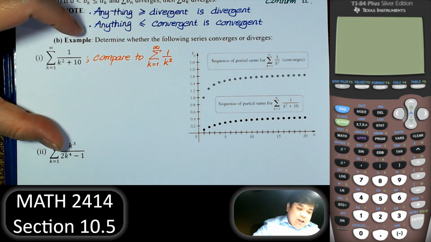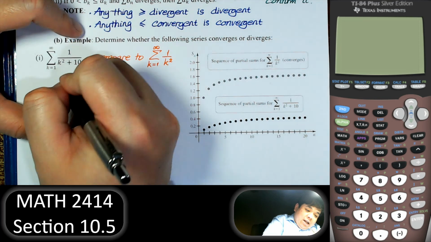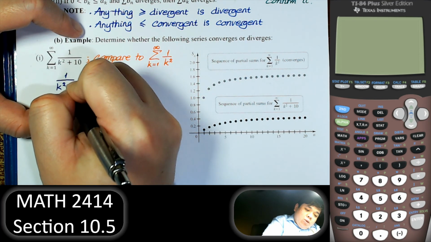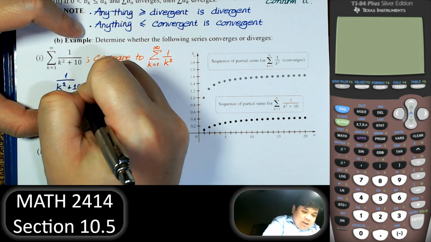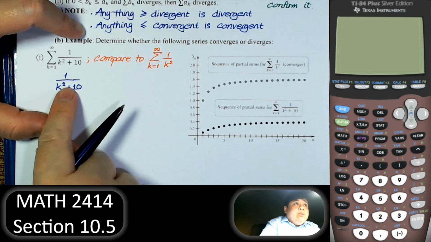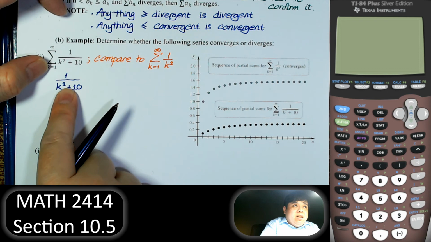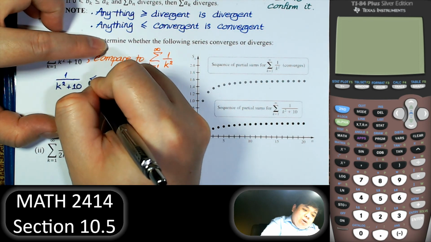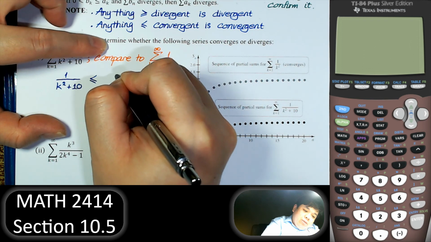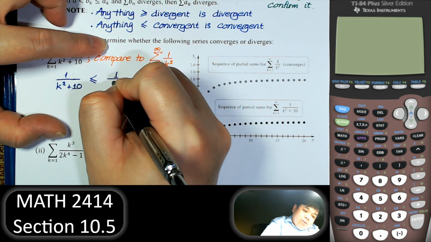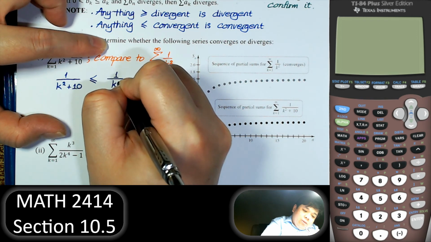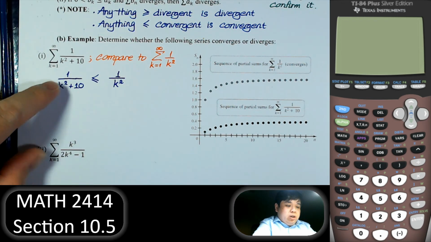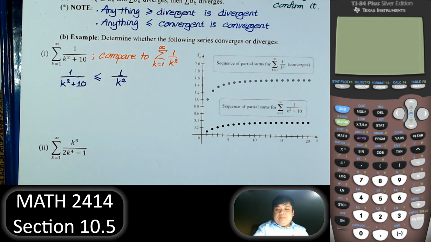Now we have 1 over k squared plus 10. If we add 10 to the denominator, the whole thing gets smaller. So this one is actually less than or equal to that one: bigger denominator, smaller quotient.